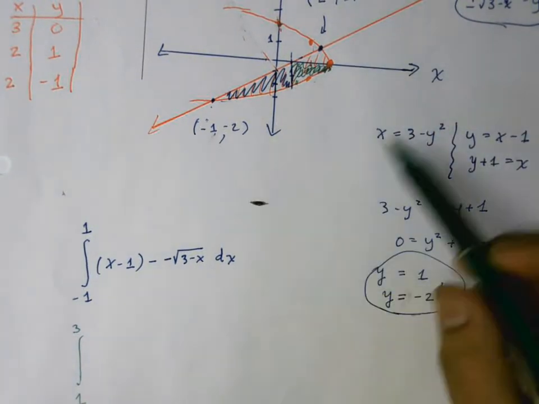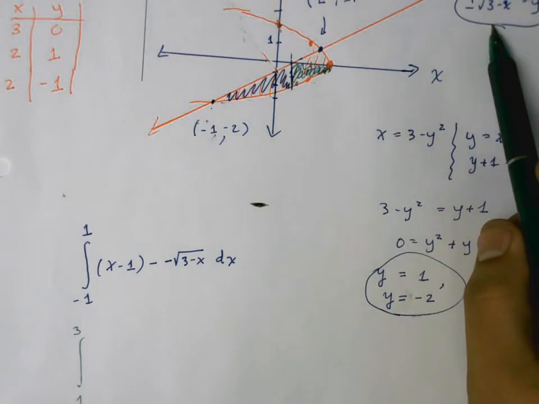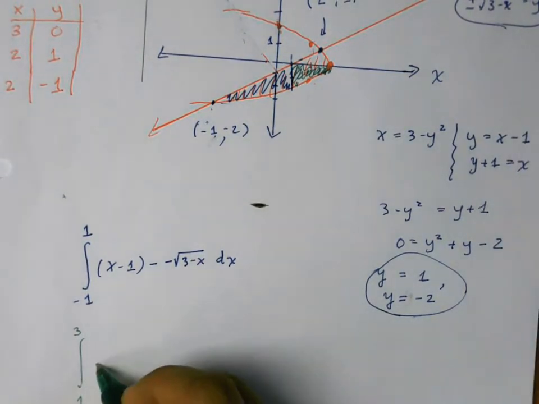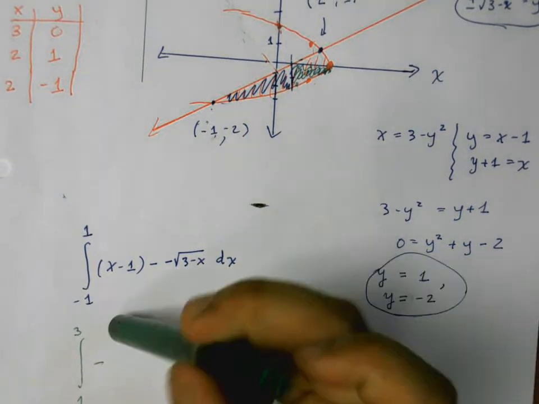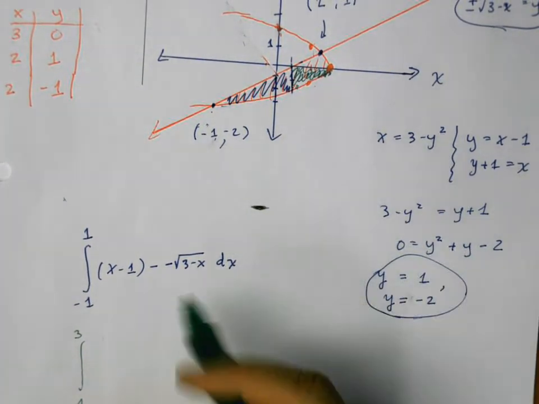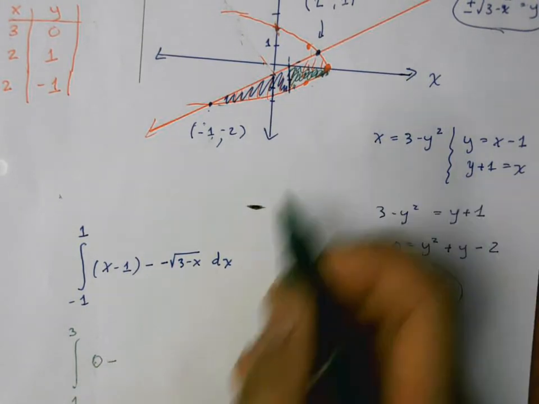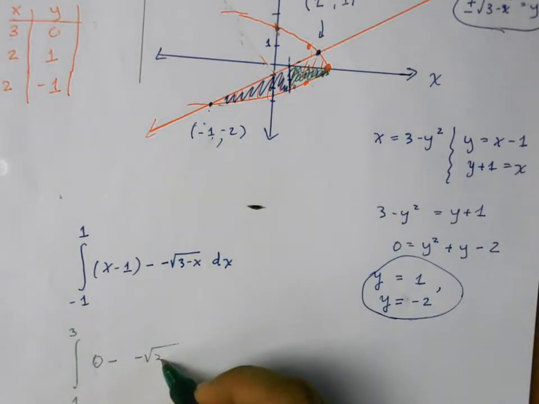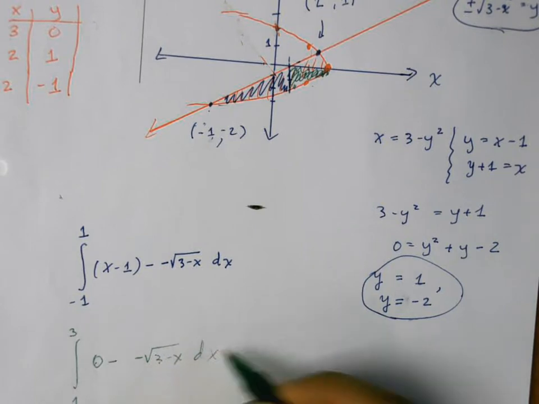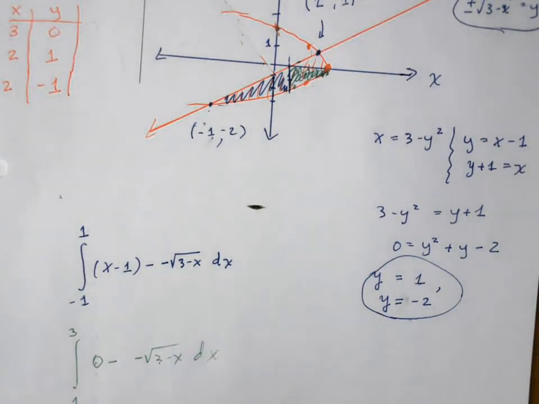So this is going to be negative, because the x-axis is basically just 0. I'll write this in here. So 0 minus negative root 3 minus x dx, plus the final chunk, which is from here.